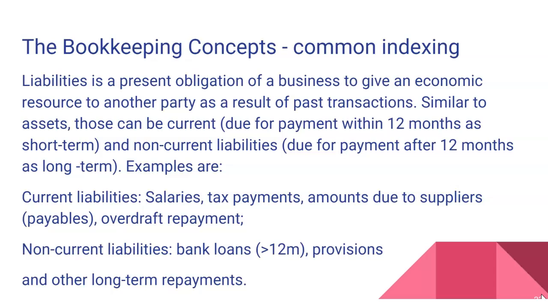Examples for current are salaries, tax payments, amounts that we owe to our suppliers, overdraft repayments, because they have to be paid quite fast. Normally, it's not the same as a bank loan. You have to make payment within 30 days as a minimum. Non-current liabilities are bank loans over 12 months or long-term, any provisional payments, any long-term repayments, and so forth.